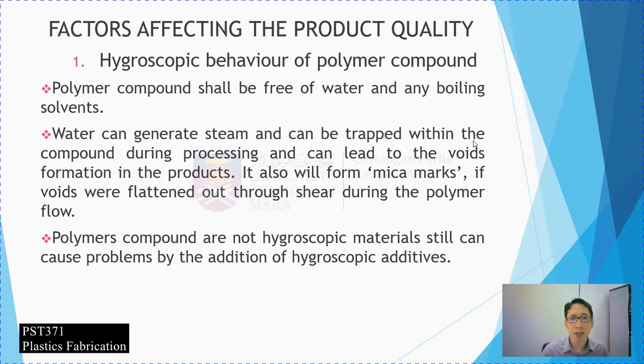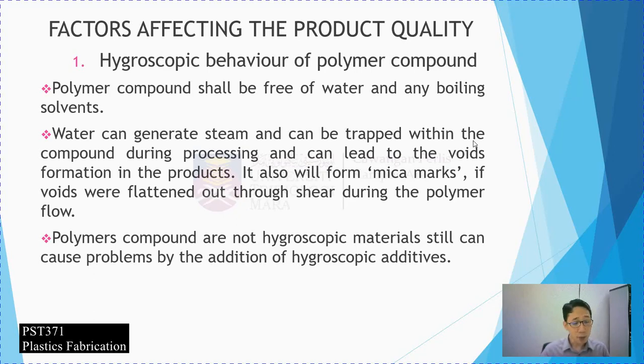Polymer compounds that are not hygroscopic materials can still cause problems through the addition of a hygroscopic additive. Okay, for some of the materials you produce, you add other additives. The additive will contribute to the hygroscopic behaviour, such as when the additive that you use is in liquid form.